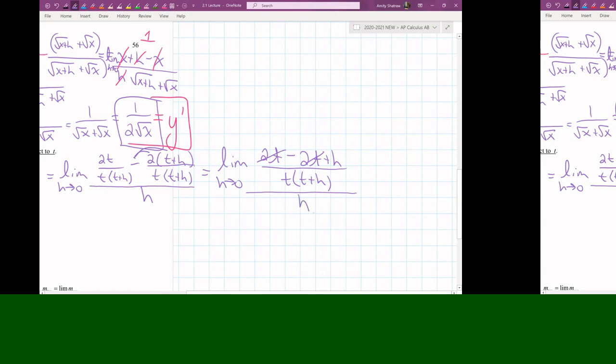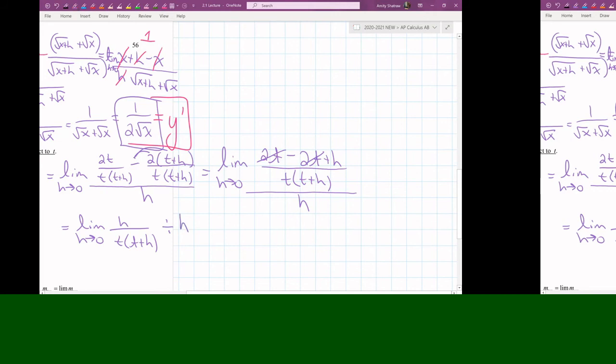Okay, so I still have a nested fraction here. And so I still want to break it apart and do that old school trick that I reminded you of when you learned how to divide a fraction. So this is going to be the limit as h approaches 0 of, ready, h divided by t times t plus h, and that I'm dividing by h.